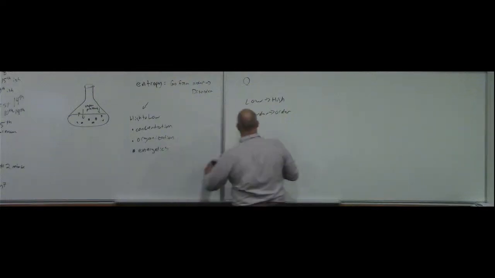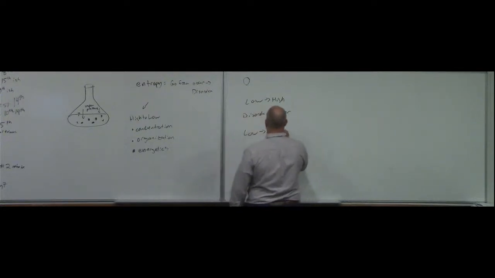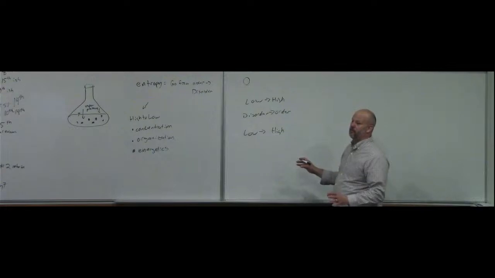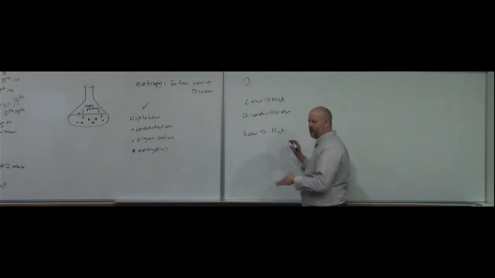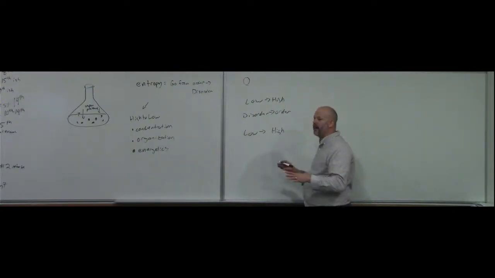You go from low concentration to high concentration. And you do this amazingly well. What kills you is when you can't do this. You do the opposite of entropy, all day, every day. And if you ever stop, you die.